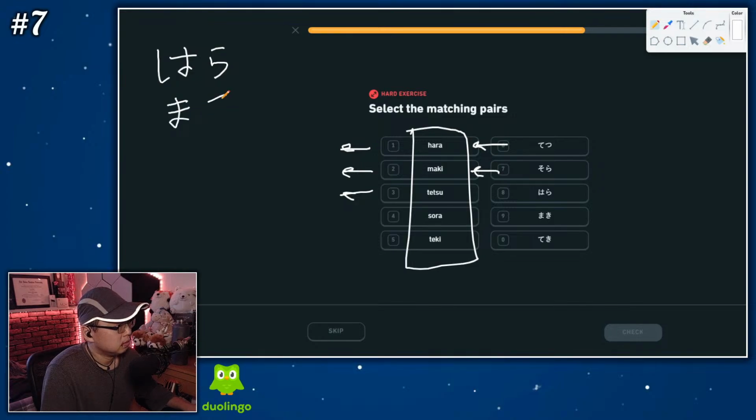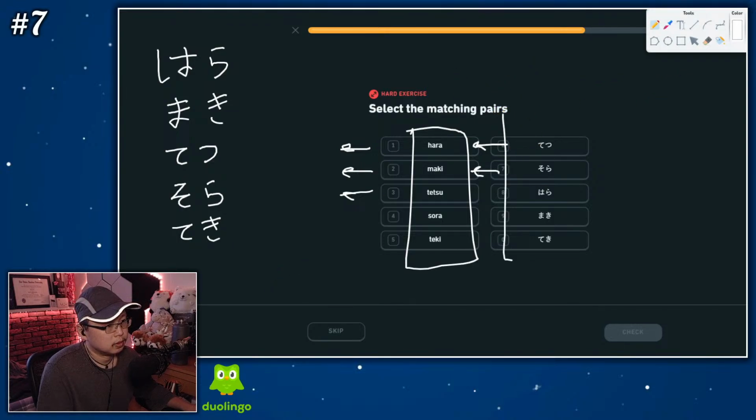Maki, tetsu, sora, teki. All right. And then now we're gonna go this side, right, to this side.